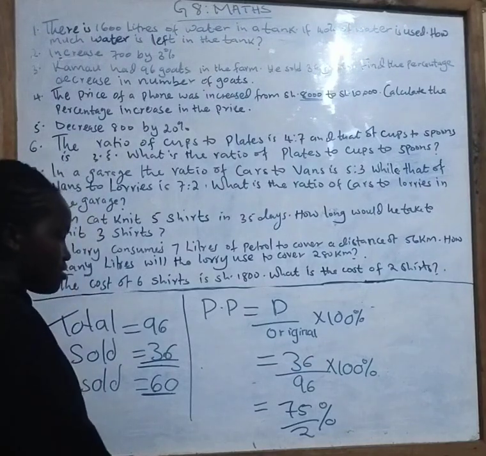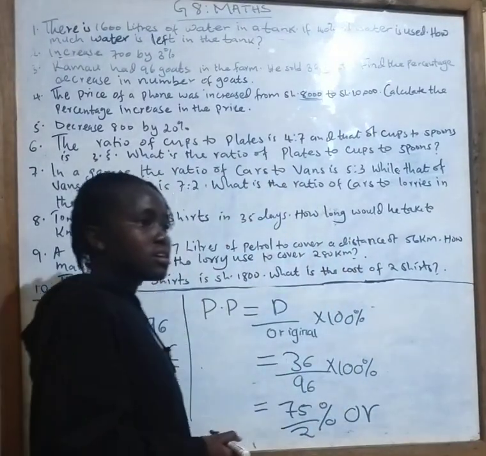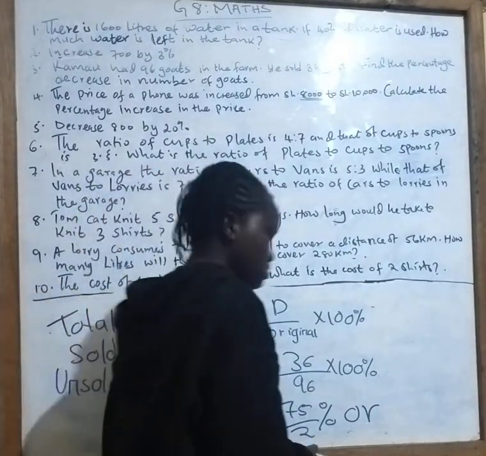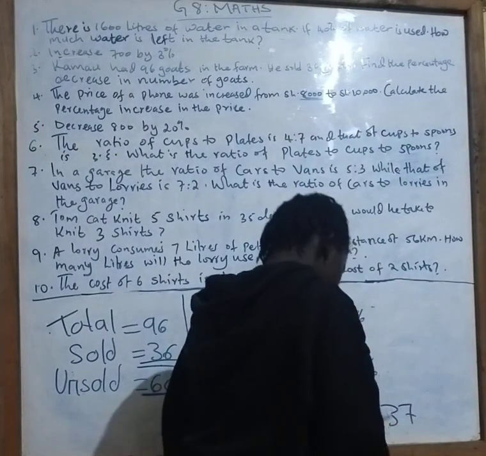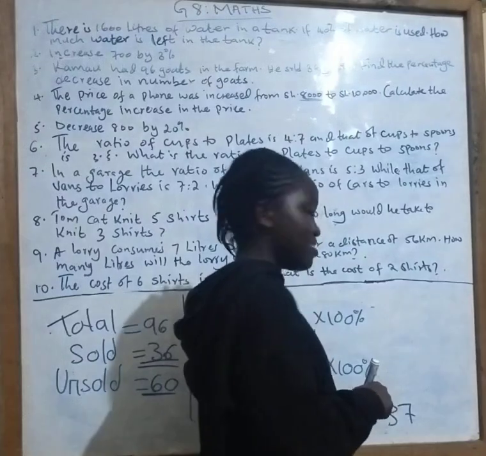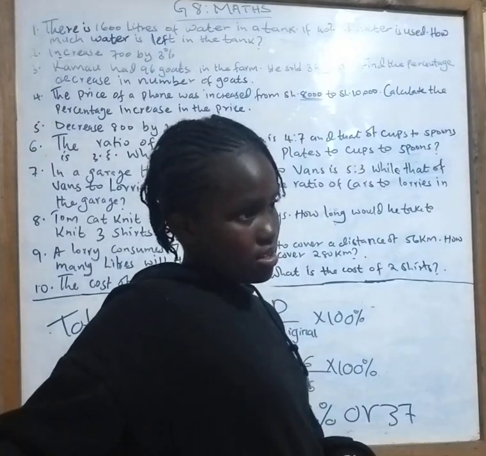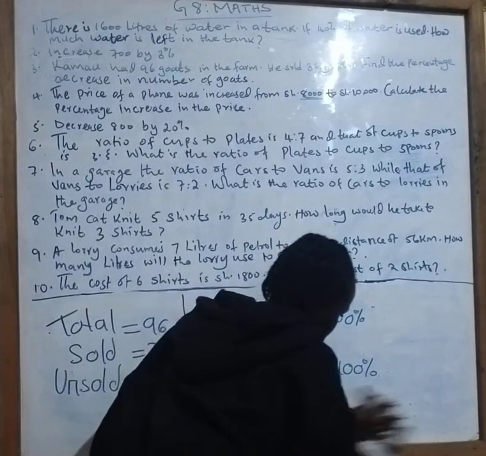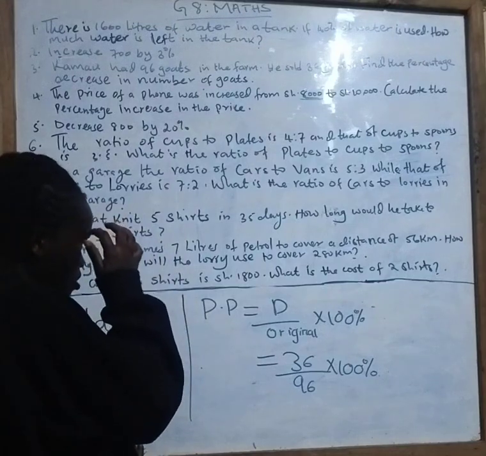Or you can do it as a decimal. 36 over 96 times 100.